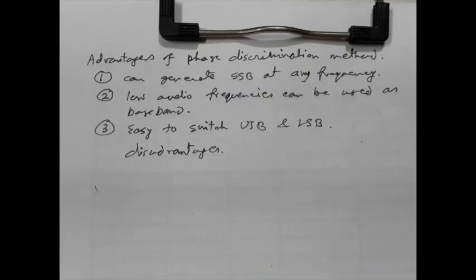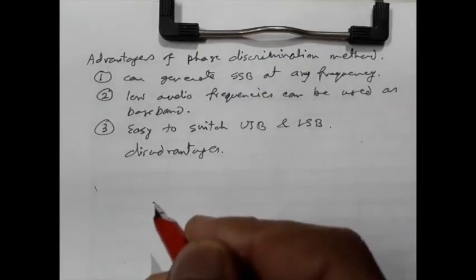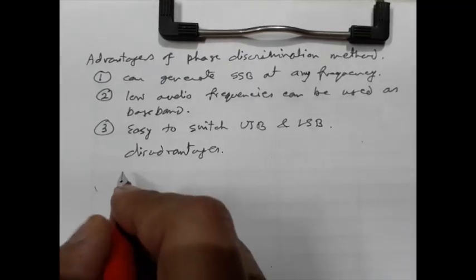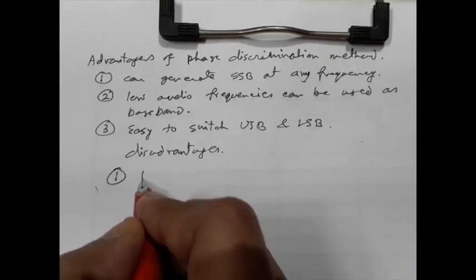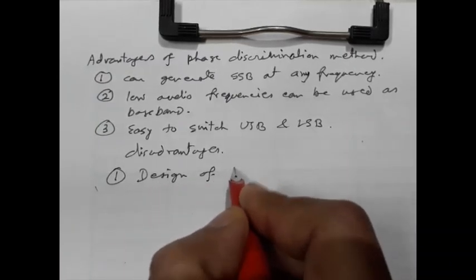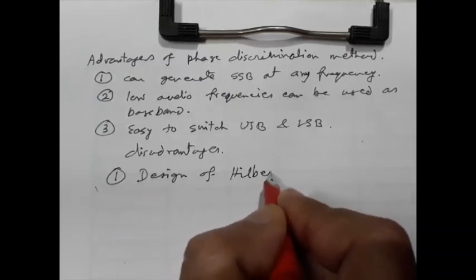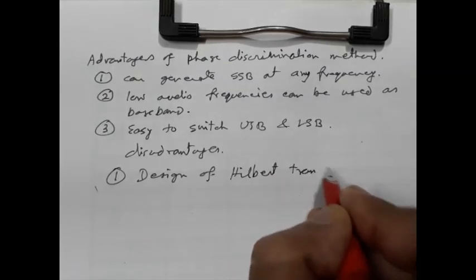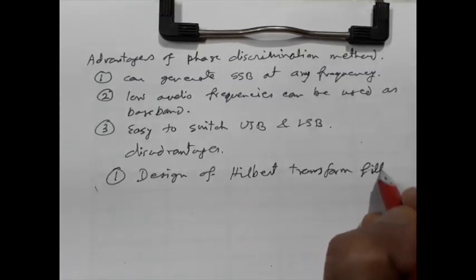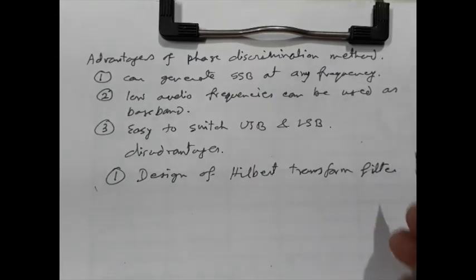And one of the major disadvantages is the design of 90 degree phase shifter or the Hilbert transform filter. Design of Hilbert transform filter is very critical.